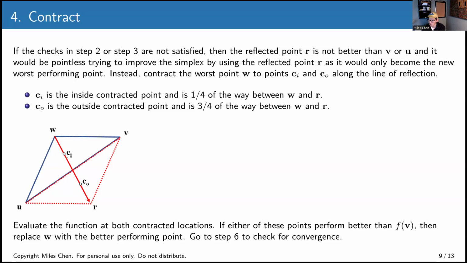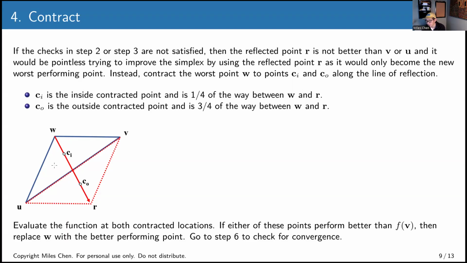The contracted point on the inside is basically a quarter of the way from W to R, or maybe halfway between W and the midpoint. And then the outside contracted point is around 3/4 of the way from W to R, or halfway between the midpoint and R. And you evaluate the function at both of these contracted locations.